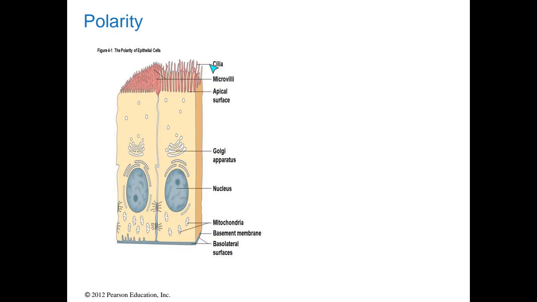There's always liquid around the cell, so the cilia are what moves fluids around the cell. The microvilli are what allows for absorption of materials into the cell, or also secretion of fluid.